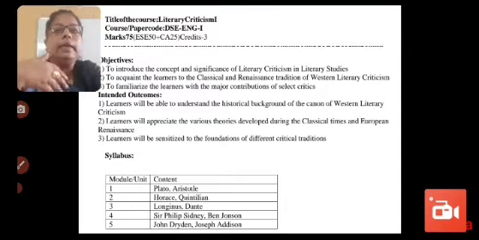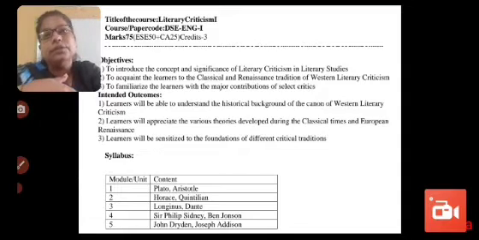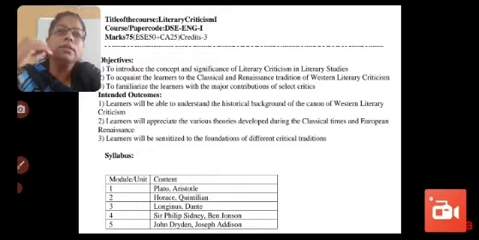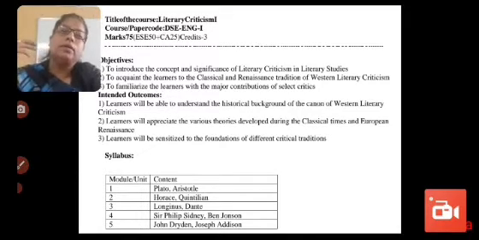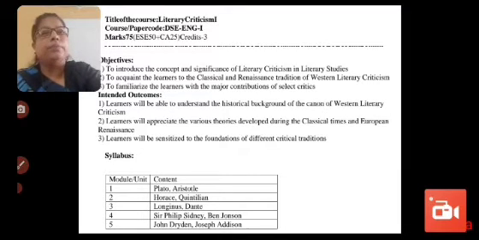And in case of English literature, these norms, these criteria, these rules are laid by the Greek and Roman critics, especially the philosophers like Plato and Aristotle and Horace, Longinus, and so on.